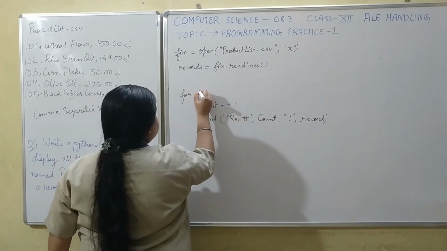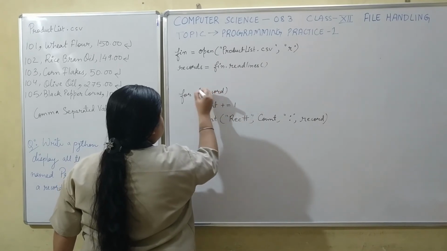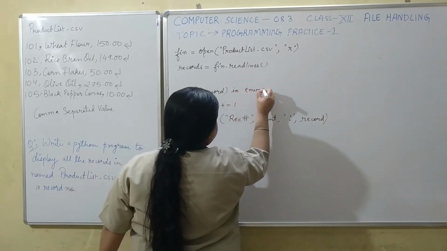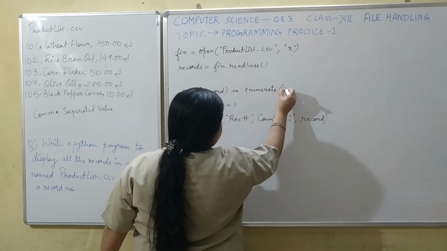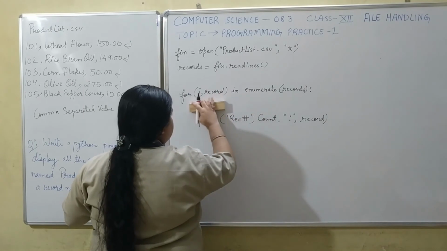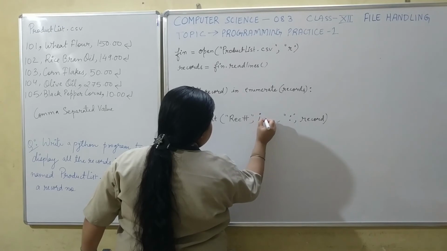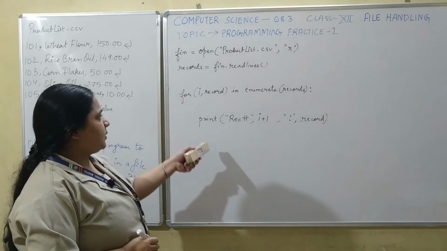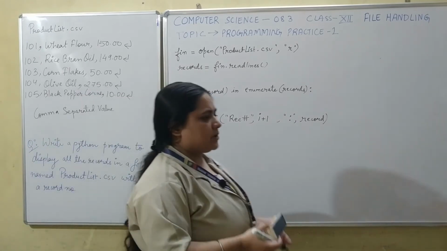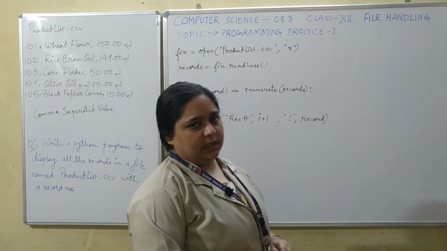So I am going to take an index i along with record in enumerate(records), and instead of count plus 1 I will simply take i plus 1 over here, and this way my program is completed within 4 lines. Now let us switch to our computer and see how this program actually works.